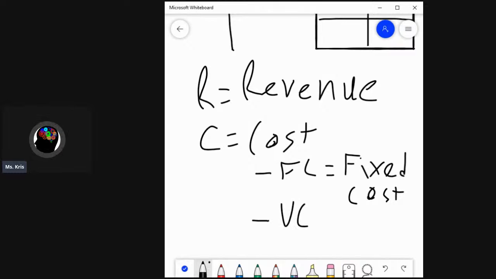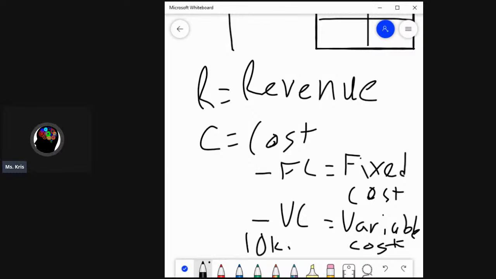Then VC is your variable cost. And VC is typically when you see something per hour or per minute or per use. That is considered a variable cost. And variable costs will fluctuate your expenses depending on how it is calculated. So say for instance, your electric bill is based off of how many kilowatts you use during the month, and the kilowatts cost $10.